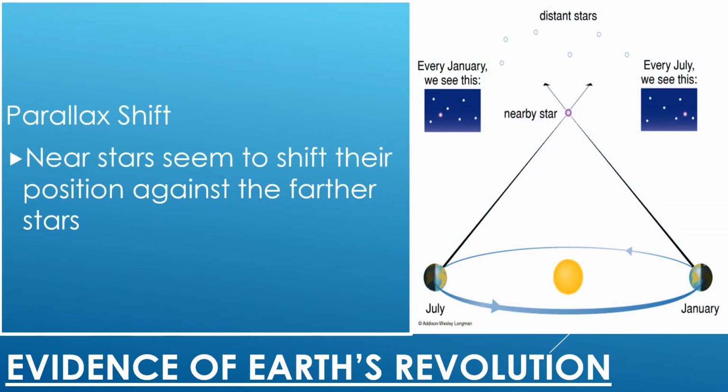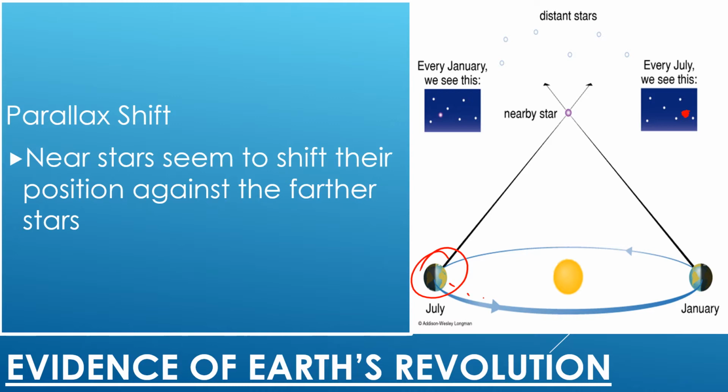Also, another evidence that is a little bit more scientific is parallax shift. What this is, is a really good evidence right here, that near stars seem to shift their position against the further stars. So let's say, for example, in January, we have all these distant stars in the background. I want you to pay attention to the pinkish star. In July, right here, when we're in July, we see the star right there.